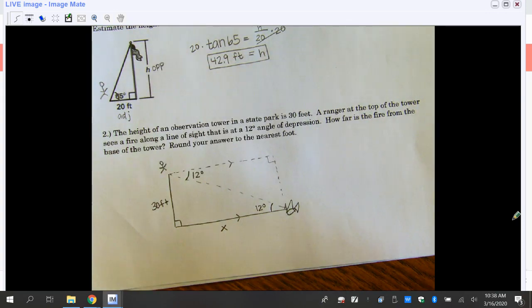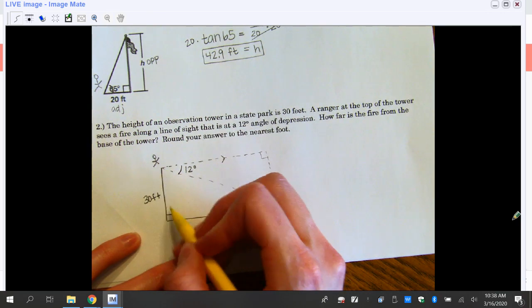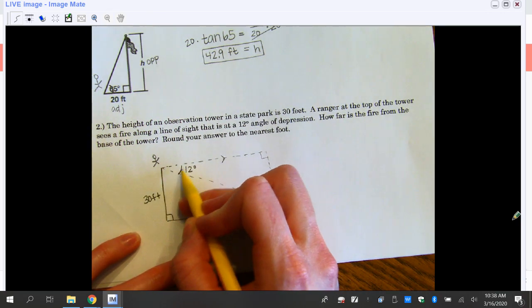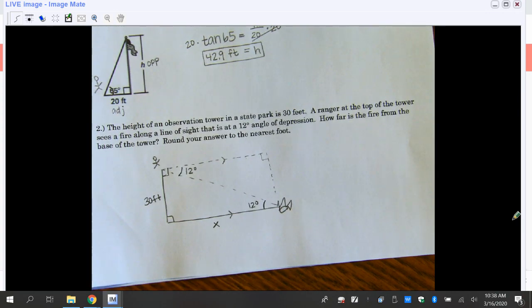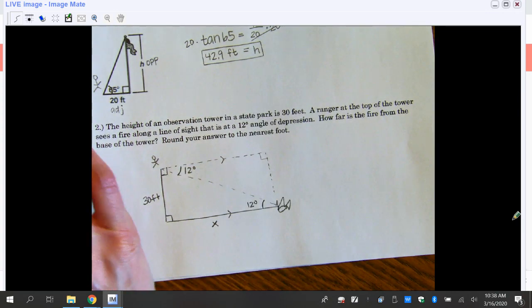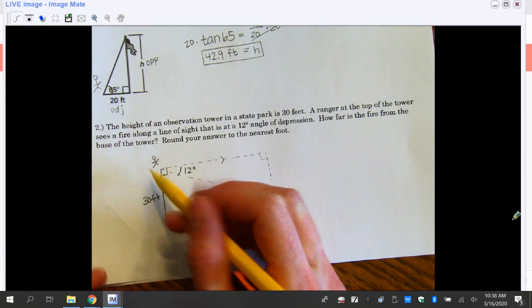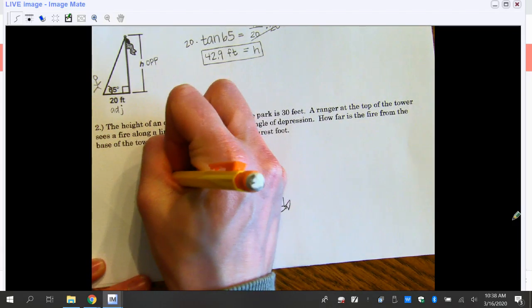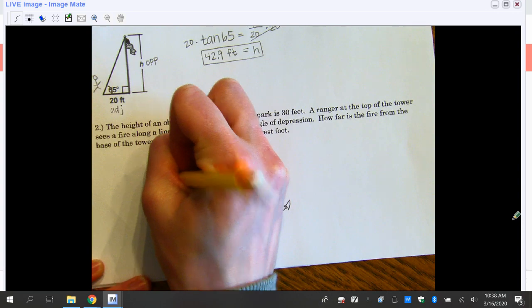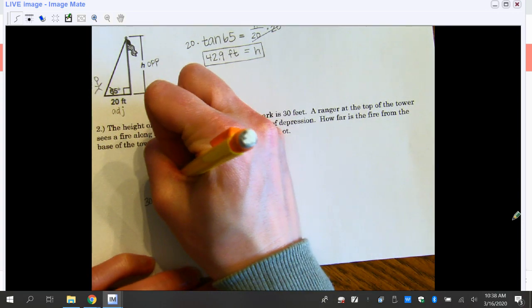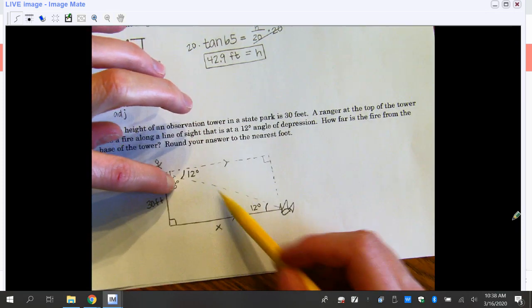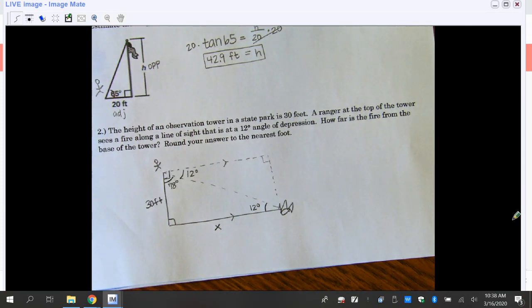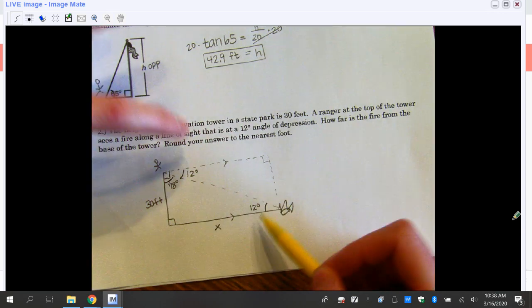Or you can say, well, this is a right angle. When I draw this other triangle, this would have to be a right angle as well. So if this angle is 12 degrees, 90 minus 12 is 78 degrees. But the relationship between the angle of elevation and the angle of depression is always going to be this alternate interior angle scenario.